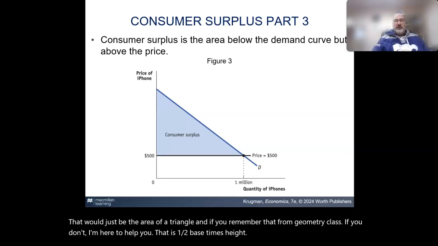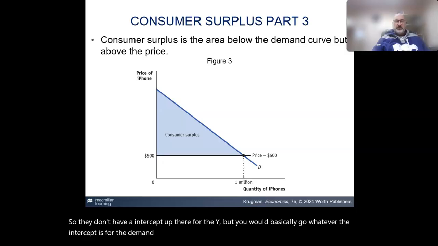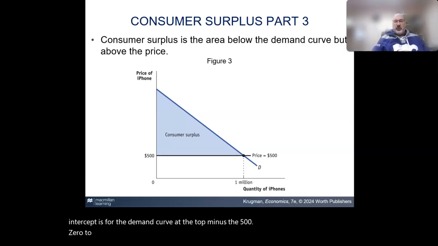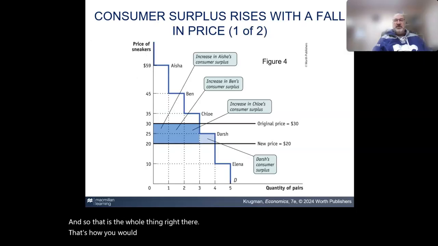They don't have an intercept up there for the y, but you would basically go whatever the intercept is for the demand curve at the top minus the 500, 0 to 1 million times 1/2 or 0.5. And so that is the whole thing right there.